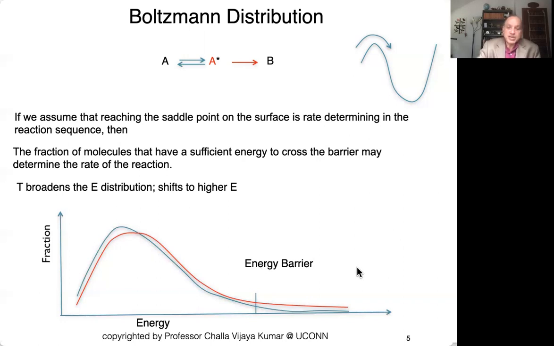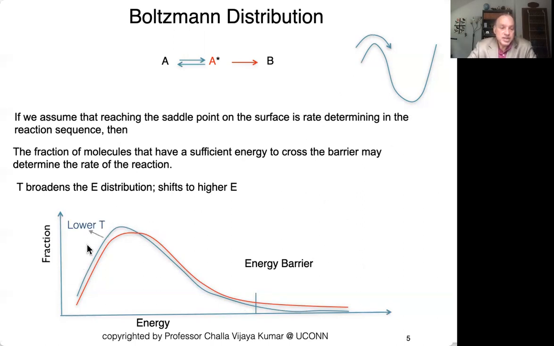These are very simple characteristics that are transferred over into the concept here. Now you see why we talked about all these distributions and distribution curves and probabilities, and why it matters. Temperature broadens the distribution and shifts more molecules into the higher energy states. And so those states have the ability to go over the saddle point to give rise to the products.